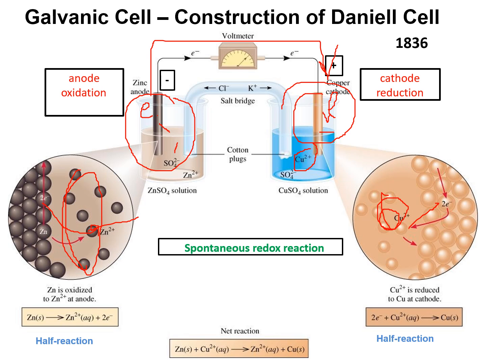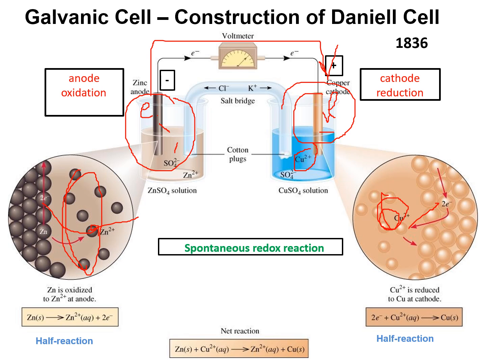No other copper 2 plus ions are available to deposit over the copper electrode. So in this situation the whole process stops, and no electricity is generated.